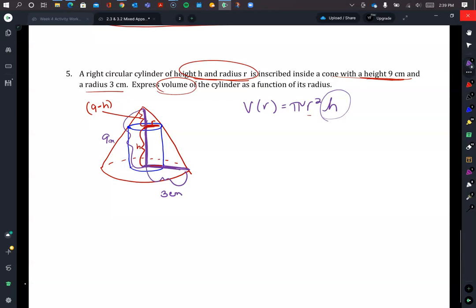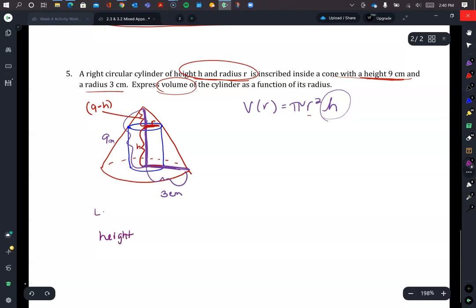So I have this big triangle right there, and I'm just going to say height of large triangle over the radius, because what I'm trying to figure out is the h here.